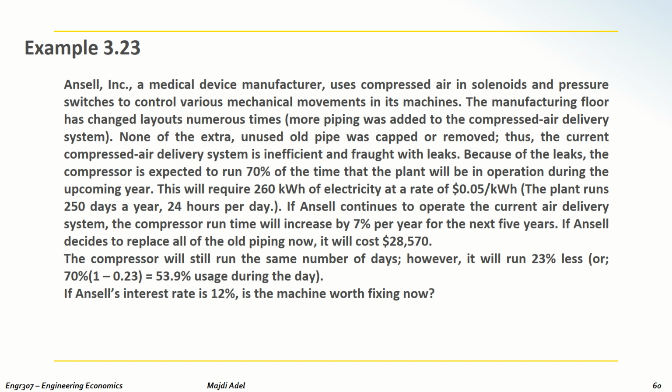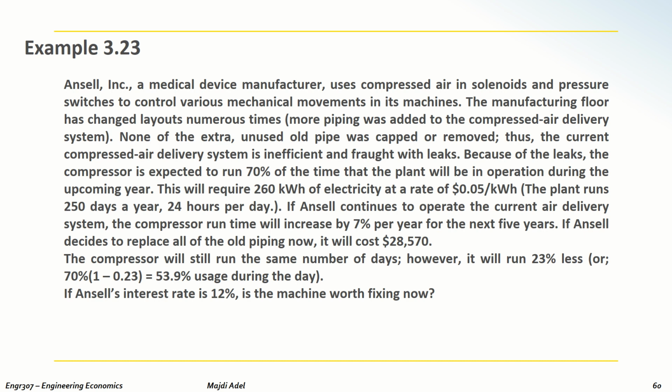الآن compressed air delivery system أو الحمل على الكمبرسور بزيادة، لأن الكمبرسور الآن بدها تزود الماشينز هاي بالكمبرست اير وبدها كمان تعوض الفاقد بسبب التسريبات هاي. So the compressor is expected to run 70% of the time. الكمبرسور متوقع انها تشتغل 70% من الوقت.